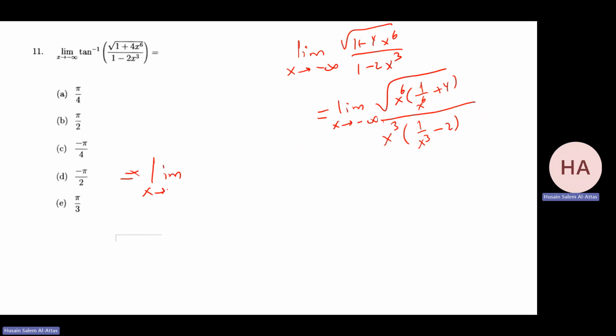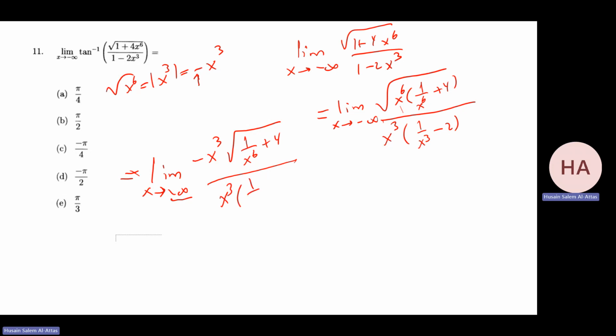That would be the limit as x goes to minus infinity. You know that the square root of x to the power 6 will be absolute value of x cubed. That will be minus x cubed. Why minus? Because it goes to minus infinity, so I'm talking about negative values. So that will be minus x cubed times the square root of 1 plus 4 over x to the power 6, over x cubed times 1 over x cubed minus 2.